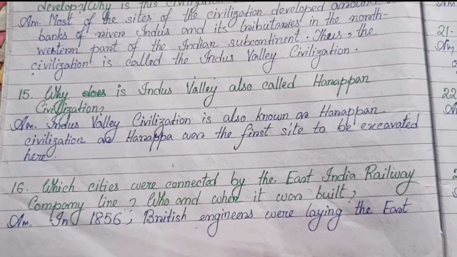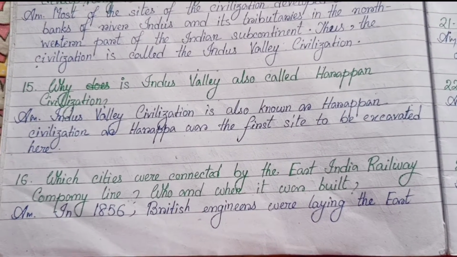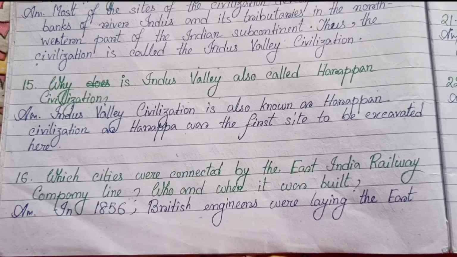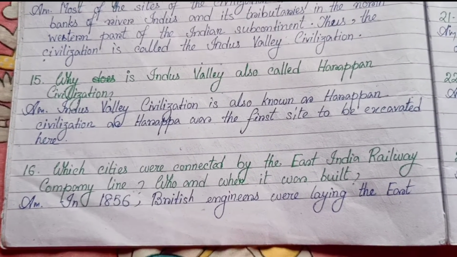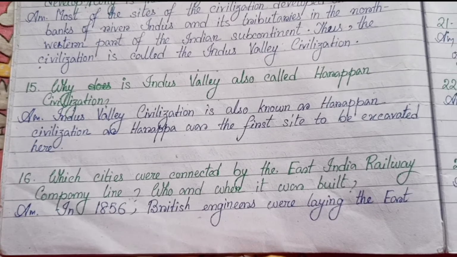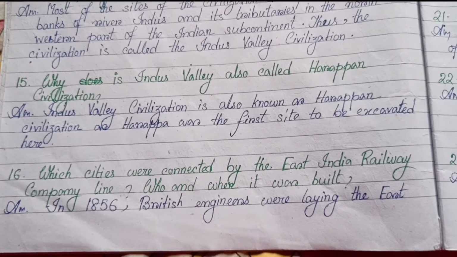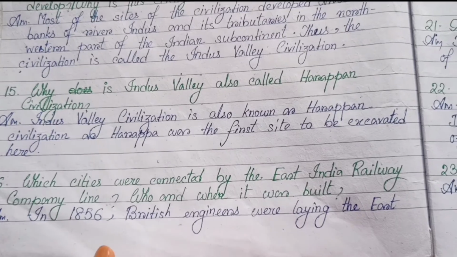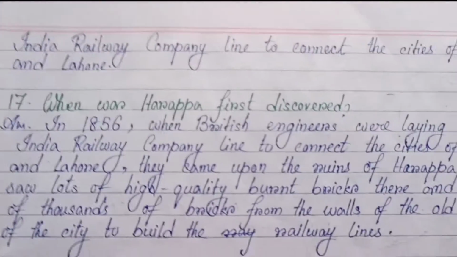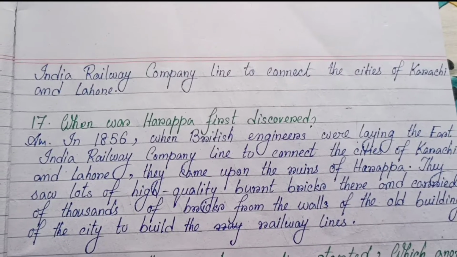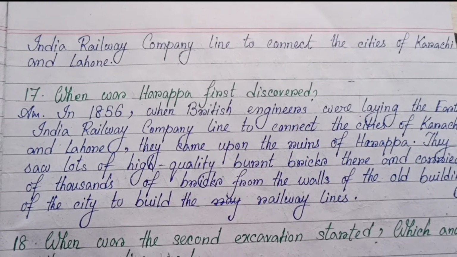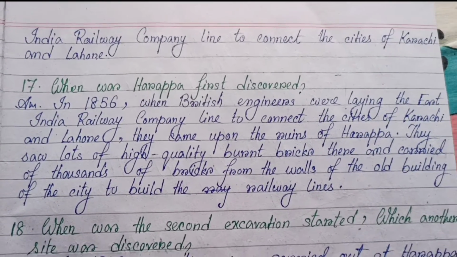Next, which cities are connected by the East India Railway Company line? Who built it and when? In 1856, British engineers were laying the East India Railway Company line to connect the cities of Karachi and Lahore. 17. When was Harappa first discovered?